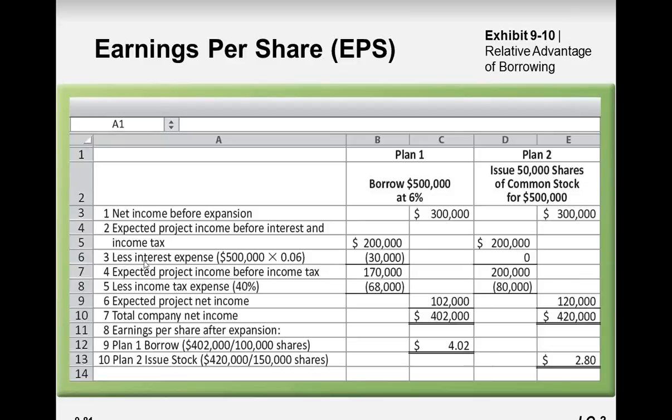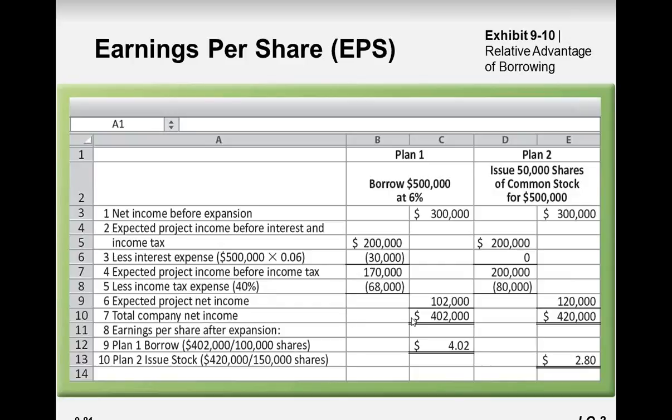If they borrow the money, they will have interest expense of $30,000, $500,000 times 6%, to yield them $170,000 before income tax. If they issue the shares of stock, they still have $200,000. Income tax expense of 40% would be $68,000 on the $170,000 or $80,000 on the $200,000. Their projected net income then becomes on line 6, $102,000 if they borrow, $120,000 if they sell stock.